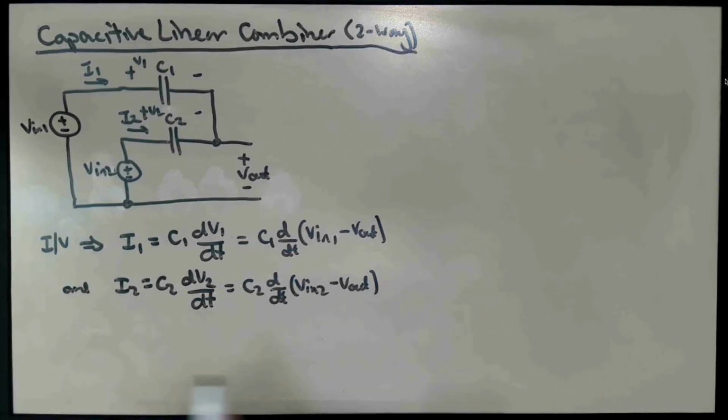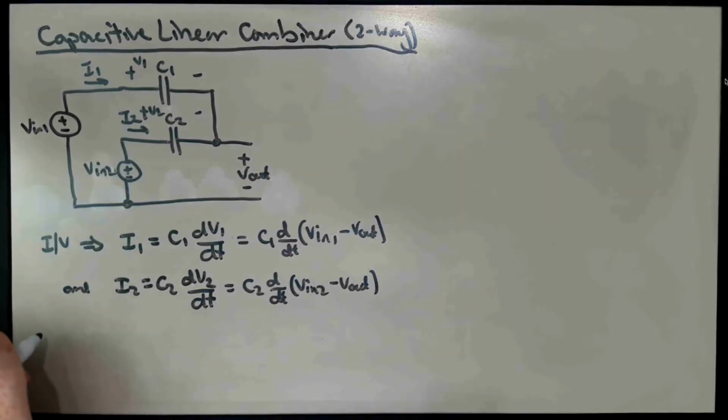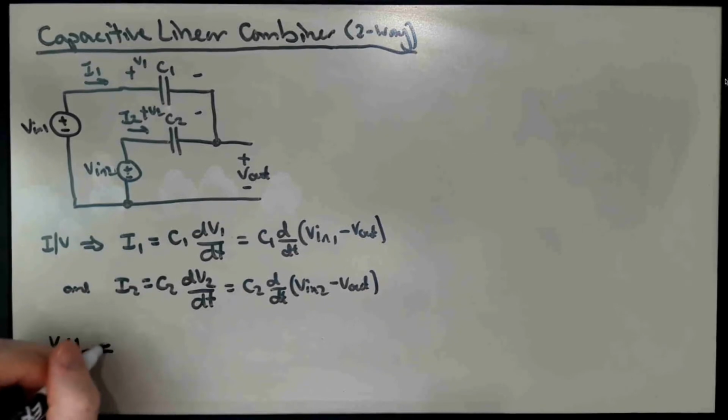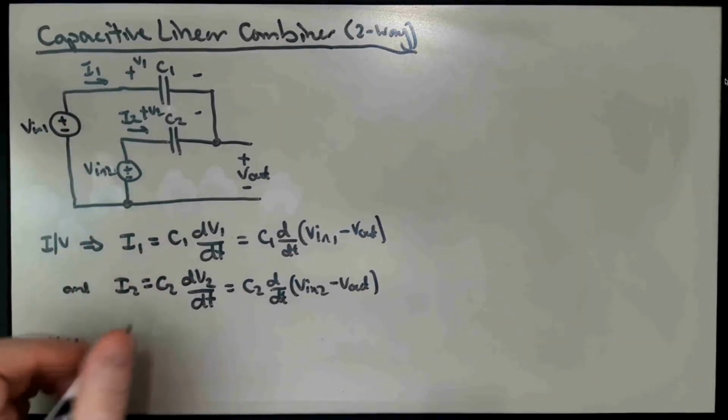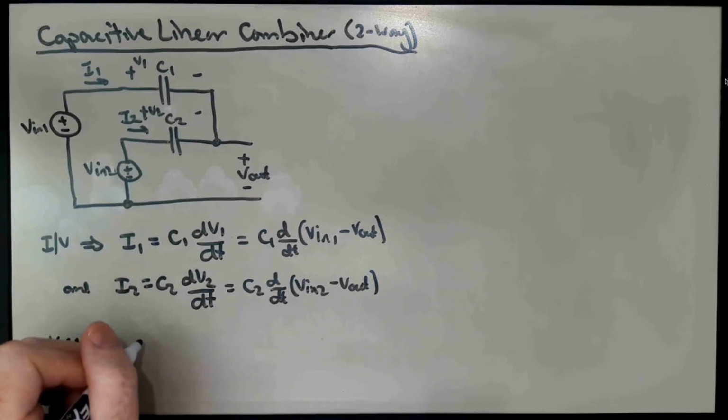Okay? And we also know from Kirchhoff's current law that in this case, the way that we've written these arrows here, both currents are flowing into node Vout.